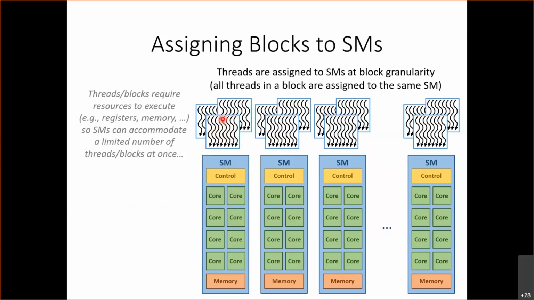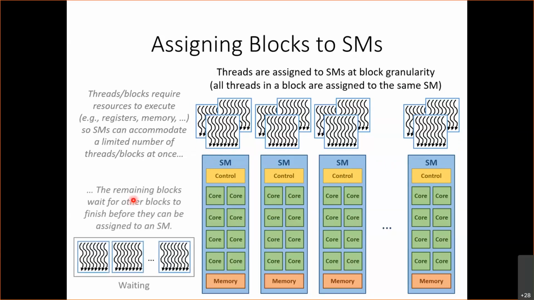We can only have a limited number of thread blocks running on the entire GPU at once. And because of that, if we launch a grid that has more blocks than we can run simultaneously, the remaining thread blocks are going to wait for their turn.